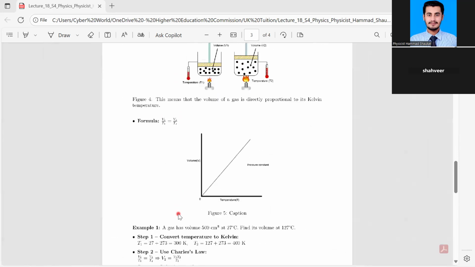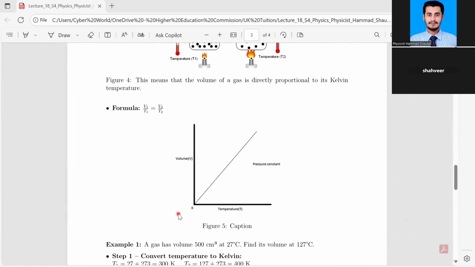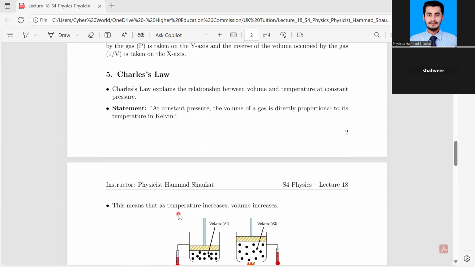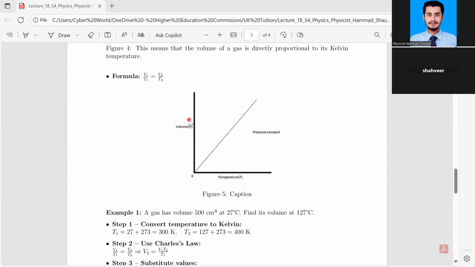Now move on towards the graphical representation for Charles' law. Here you can see, in the case of Boyle's law, we plot a graph between P and V, which is known as the PV graph. In the case of Charles' law, because it tells us about the relationship between volume and temperature, we have to take temperature on the x-axis, which is the independent quantity, and volume on the y-axis, which is the dependent quantity.